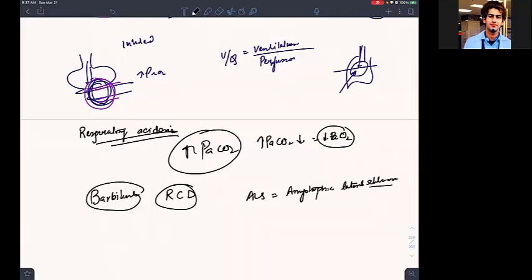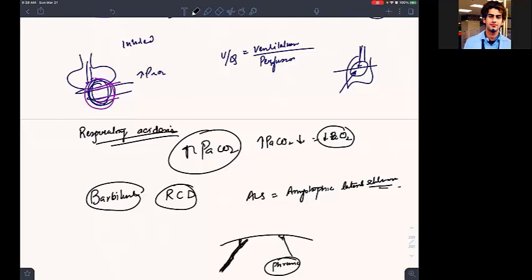What is happening in this is that your diaphragm is supplied by the phrenic nerve, isn't it? This phrenic nerve is a nerve, and what happens if I am having any sort of sclerotic thickening? I have a nerve disease.